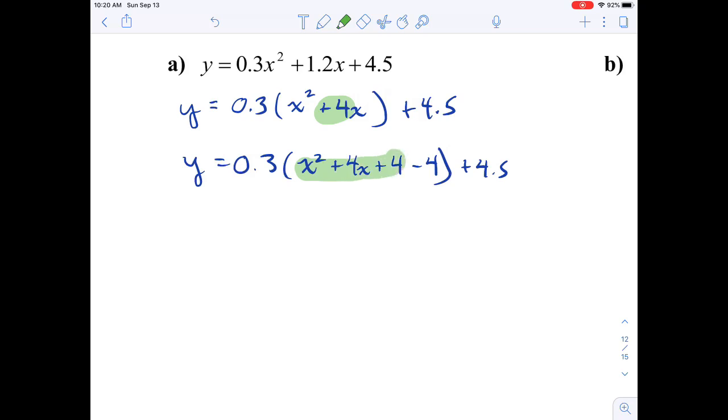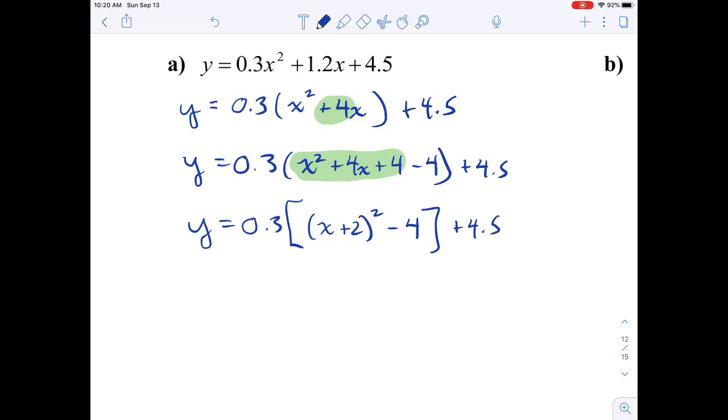Then we take these first three pieces and show how they can be factored. Specifically, x plus 2 squared is how those first three pieces would factor, and then we still have a minus 4.